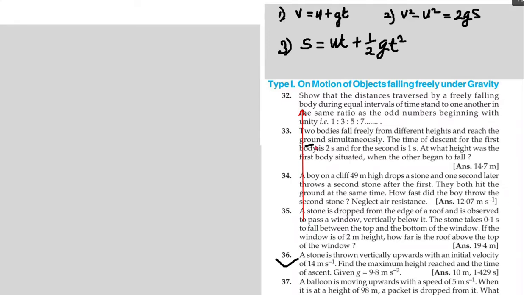Please note this: upward motion, g should be negative. Downward motion, g should be taken as positive because the body is moving towards the earth, towards gravity.